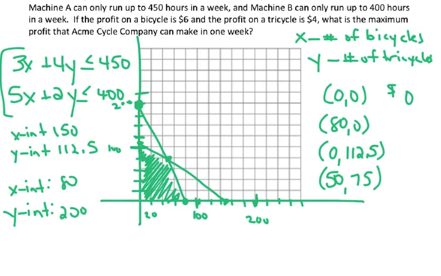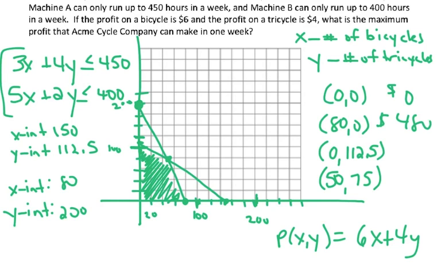What I haven't written yet was the profit equation. They said that the profit is $6 on the bicycles and $4 on the tricycles. So I'm going to plug each of those ordered pairs into that profit equation to determine how much money I'd make. So if I sell 80 bicycles, I'm going to make $480.